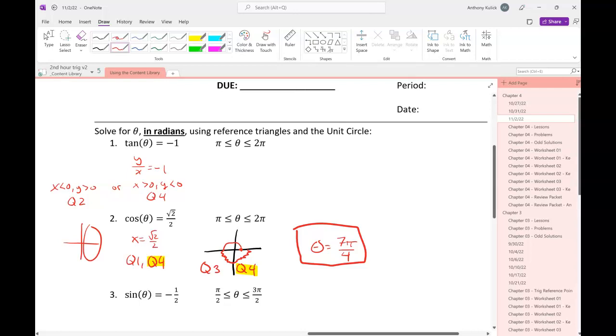Everybody's okay with that? Again, if you get hung up on that, draw in on your note card that picture that identifies what coordinates are positive and negative in which quadrant. This is Q1, Q2, Q3, Q4.